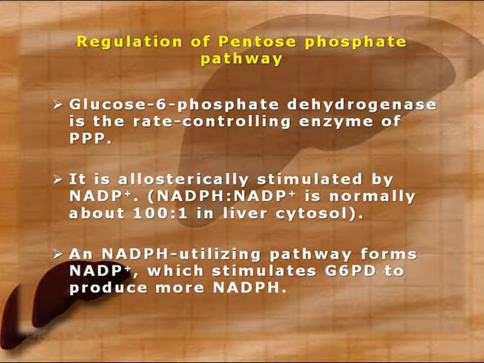And when the cell is not utilizing NADPH, NADP plus concentration falls and the enzyme becomes inactive, and the glucose-6-phosphate then enters into glycolysis. Thus, glucose-6-phosphate is partitioned between glycolysis and the pentose phosphate pathway.